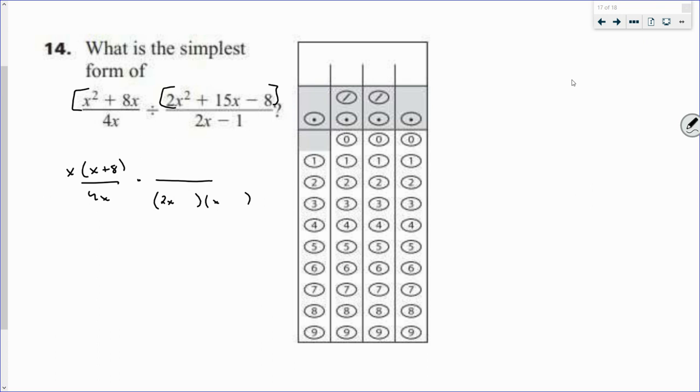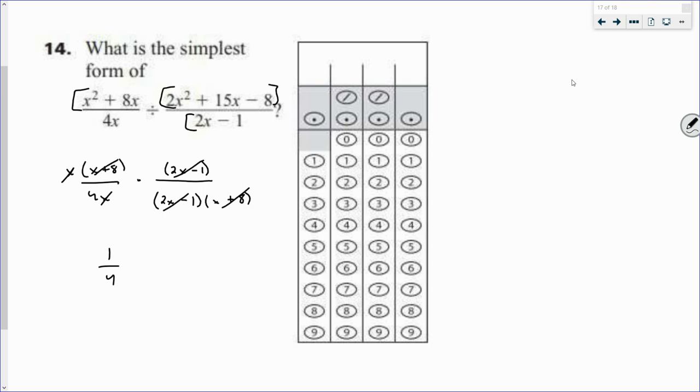Wait, so if we do an 8 and 8, 1, that would be 16. So we want plus 16 minus 1. And then 2x minus 1 comes to the top, this reciprocates up. So now we cancel, cancel, cancel, cancel, cancel, cancel. Looks like we're left with 1/4.